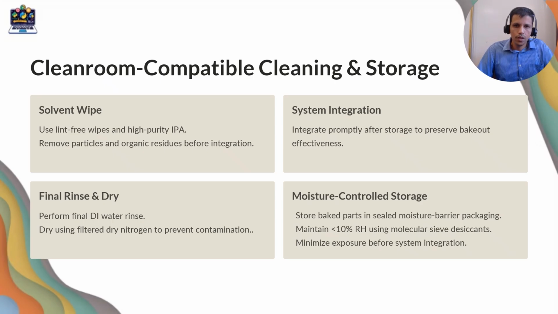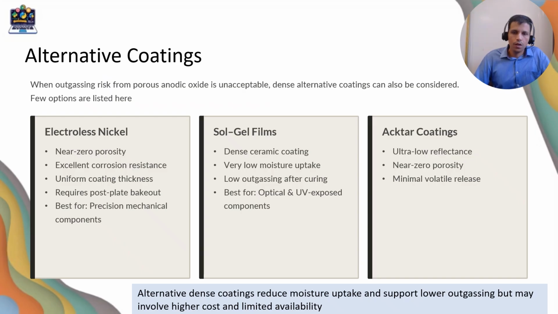Moving to the next. Okay, so far we have seen the outgassing mechanisms, and the engineering strategies from each stage, and how we can control the risk to improve the process.